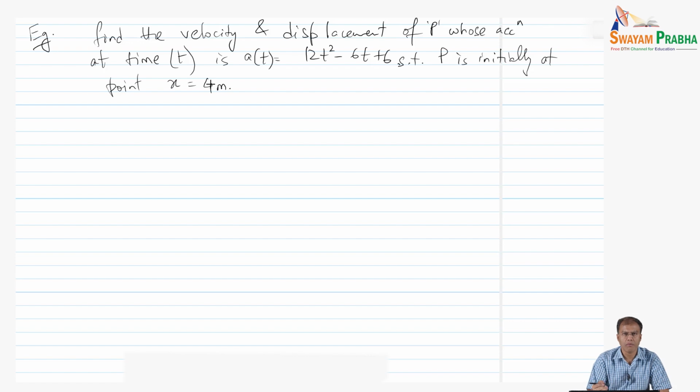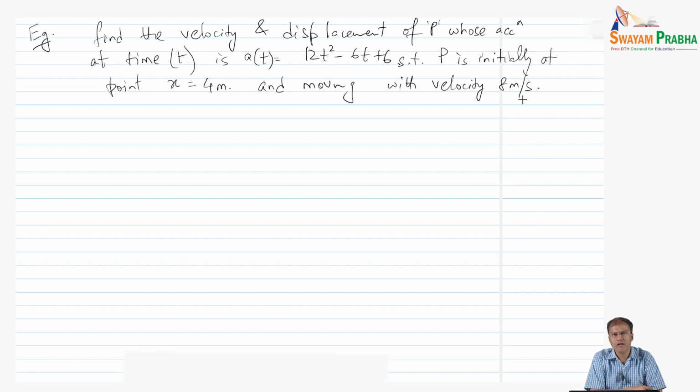So this is again a problem in 1D, and moving with velocity 8 meters per second. So what is given in the problem is the acceleration, and we need to find the velocity and the displacement.